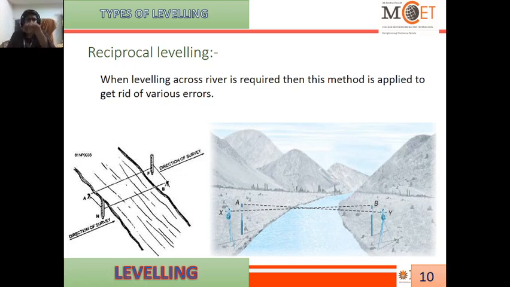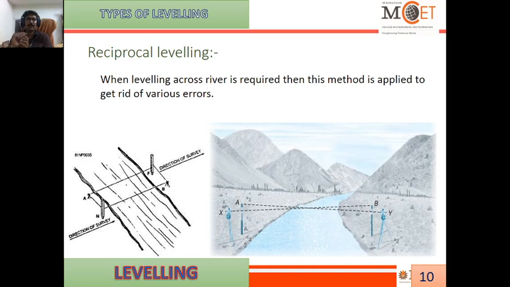To get rid of that error, what type of error may occur? The line of sight may be long, it may bend due to refraction, it may bend upwardly, or due to some collimation errors, different types of error may occur. So based on that, the error in the staff reading which we are seeing through the telescope may differ.